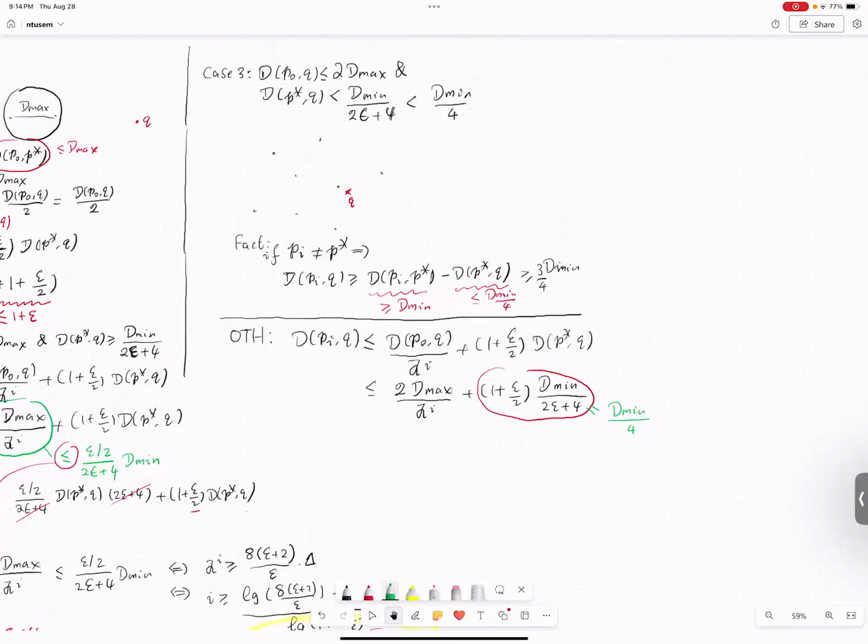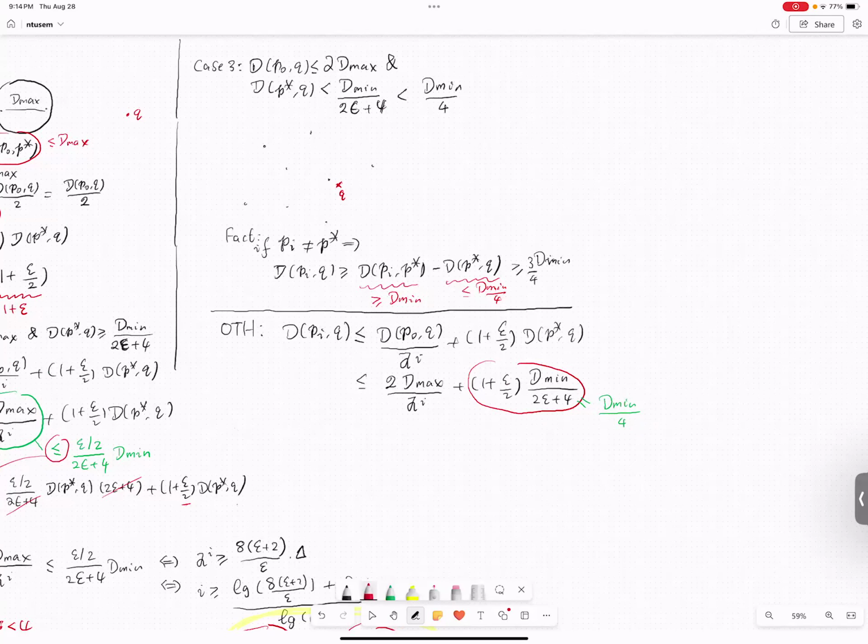Now what we want is, for the first term, to choose a value i that is large enough so that this becomes bounded by d min over 2.